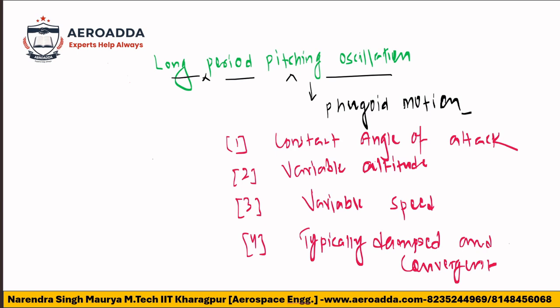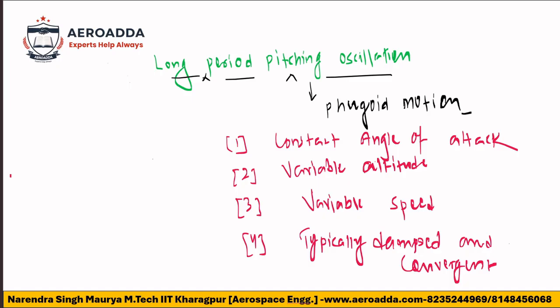Okay, now next we have to see the long period mode of the aircraft, the long period oscillation of the aircraft. Basically, as I have told you, variable altitude means the altitude keeps changing. It is going up, it is going down, because oscillation is there. I'll show the diagram.